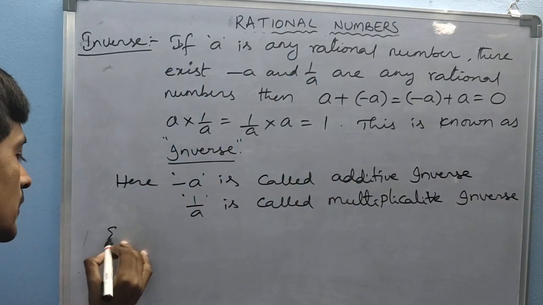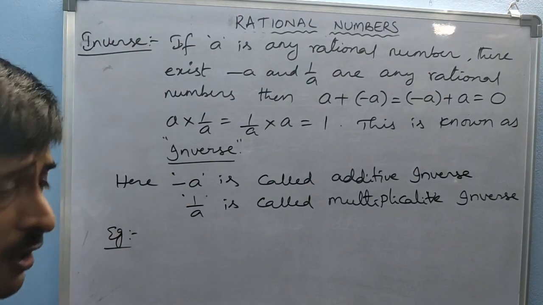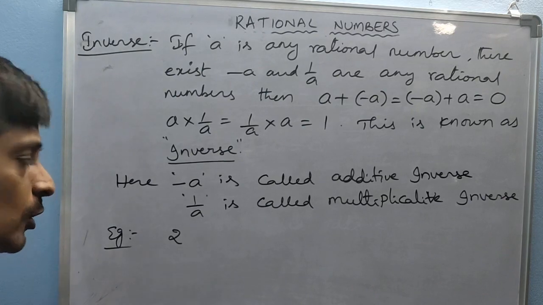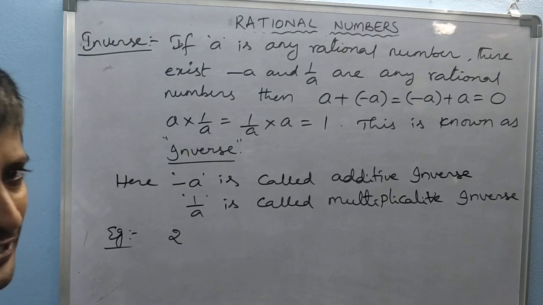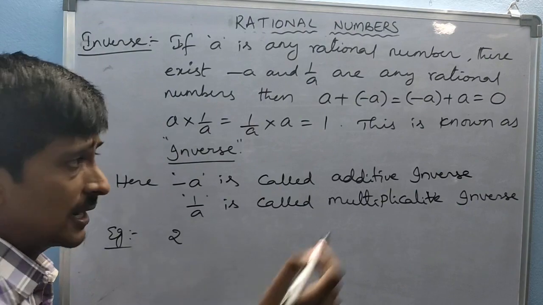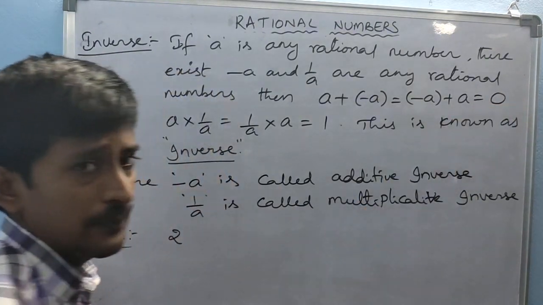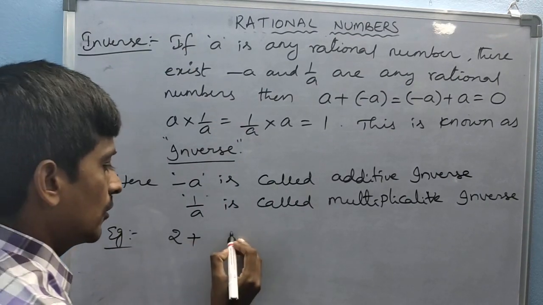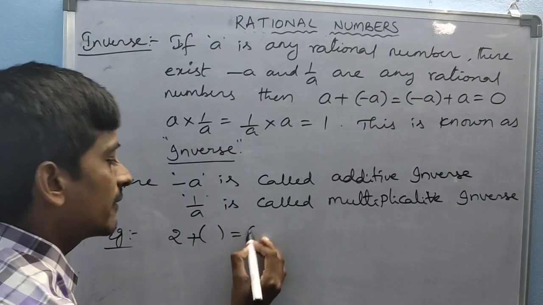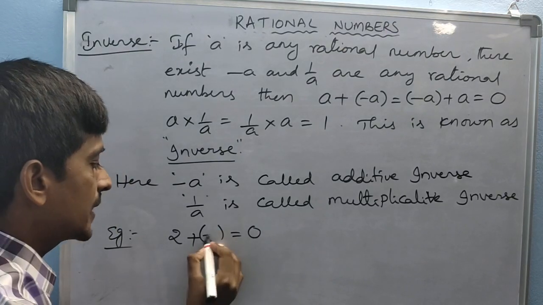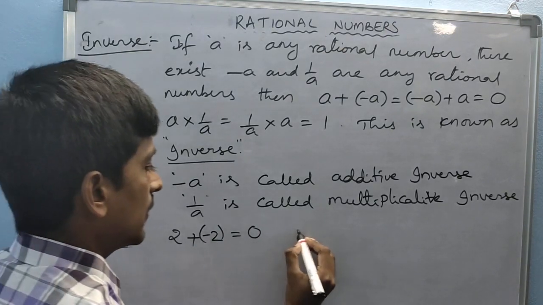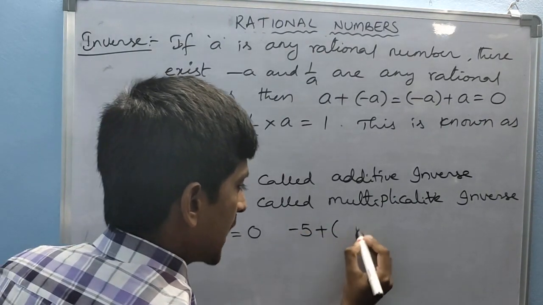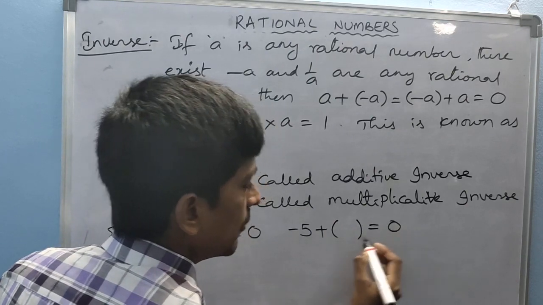For example, what is the additive inverse of 2? Which number added to 2 gives the additive identity, 0? Minus 2. Or minus 5: which number added to minus 5 gives 0? Plus 5.